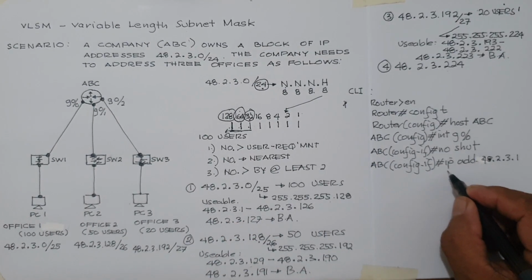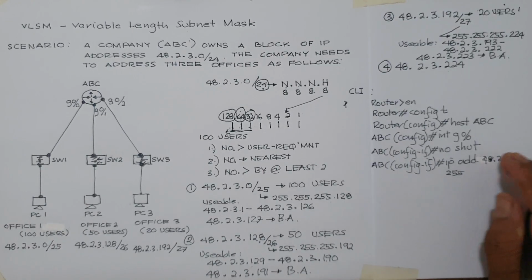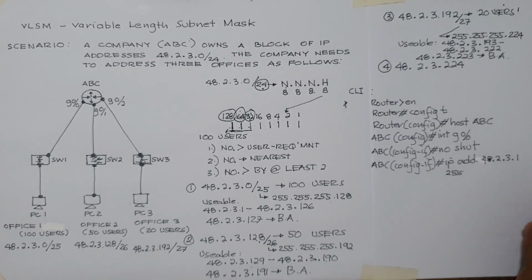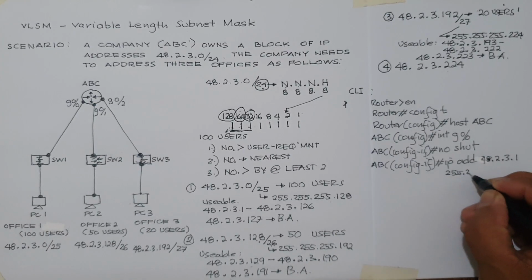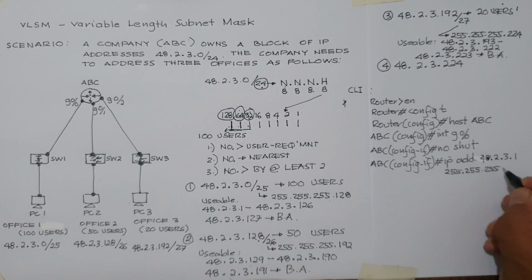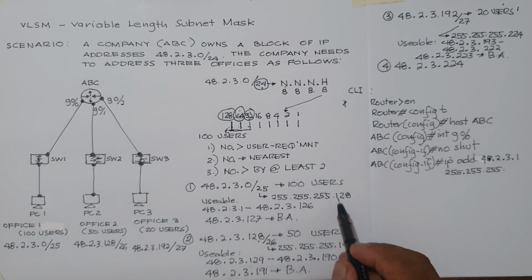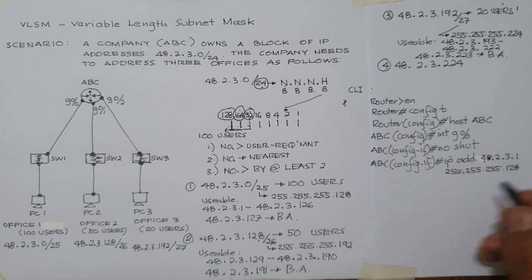Okay, then space, then the subnet mask. By the way, this is in a straight line, okay? Just a space, then the subnet mask 255.255.255.128. Then press enter.